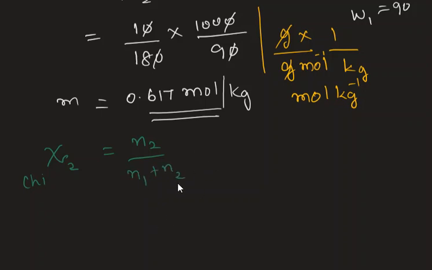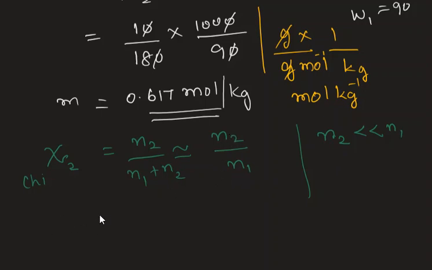As I already suggested, N2 is much less than N1. Therefore, it is approximately equal to N2 divided by N1. So you can ignore the N2 in the denominator, not here.